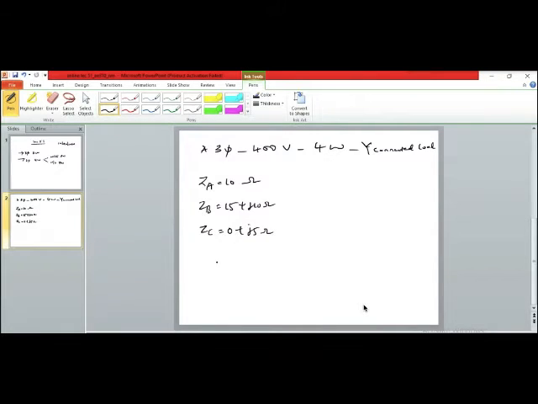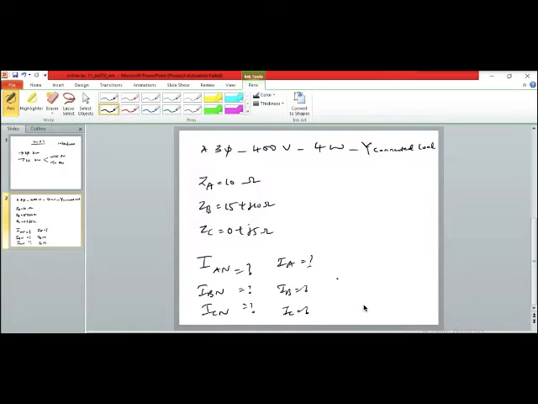So this is given. You are supposed to find the line currents. The line currents are IAN, IBN, ICN. These things you have to find out. So N is 0 here, so it is nothing but IA, IB, and IC.